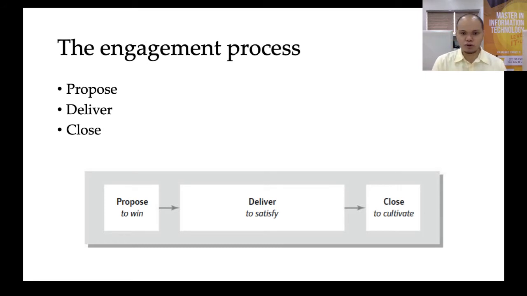Simply put, we can take a look at the engagement process as three stages, sequentially ordered, right? You have the propose stage, the deliver stage, and the close stage. In the propose stage, this is what we have referred to in the past as some sort of pre-sales.